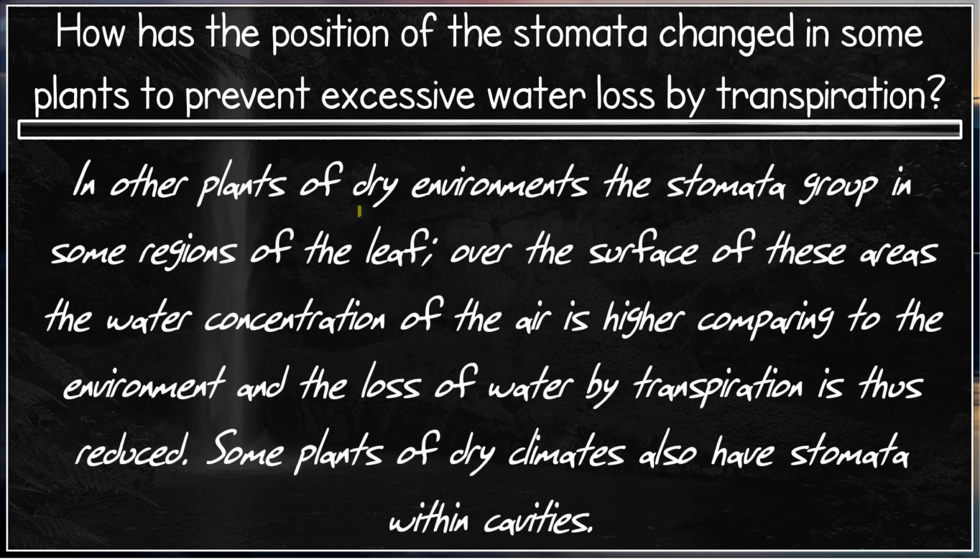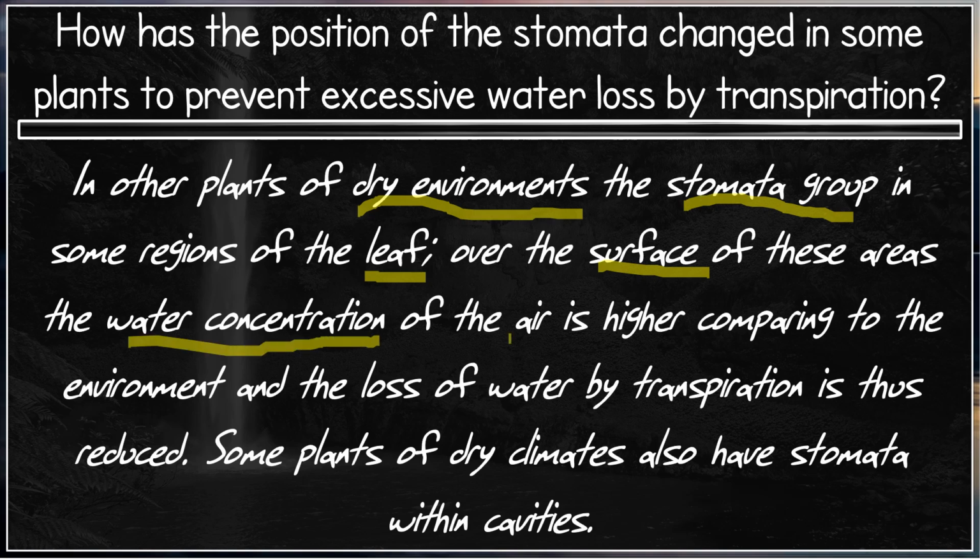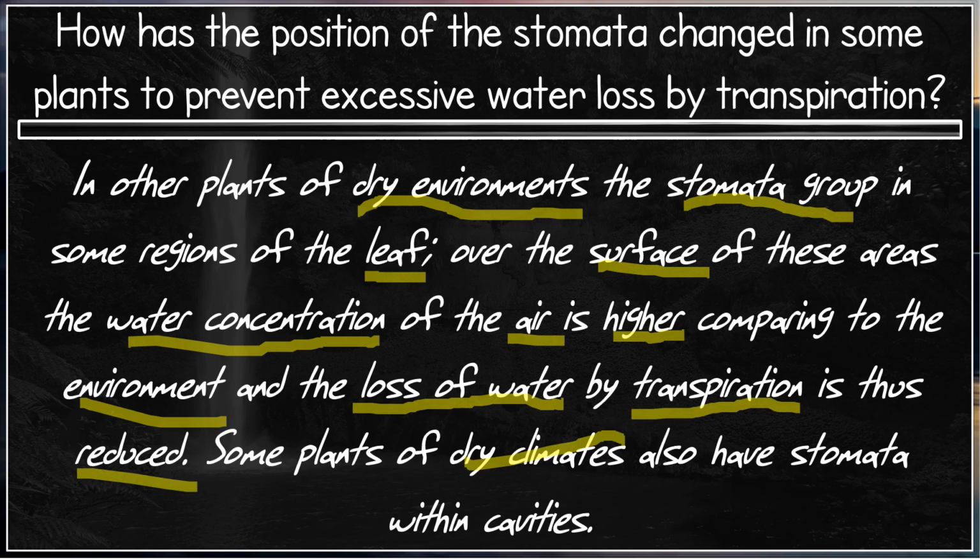In other plants in drier environments, the stomata group in some regions of the leaves. Over the surface of these areas, water concentration of the air is higher. Compared to other environments, the loss of water by transpiration is thus reduced. Some plants in dry climates also have stomata within cavities.